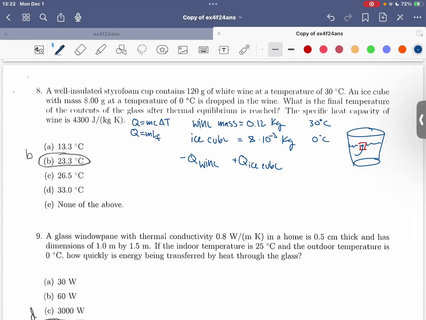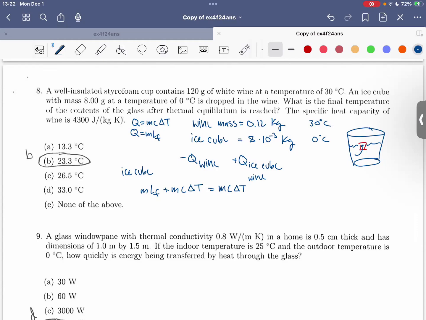So on the left, we'll make this one ice cube. So MLF plus MC delta T is equal to just MC delta T for the wine.